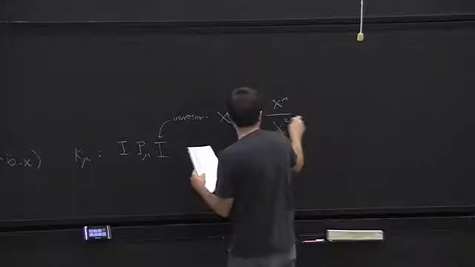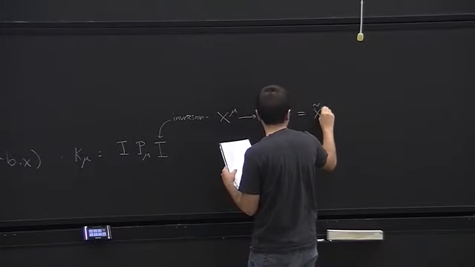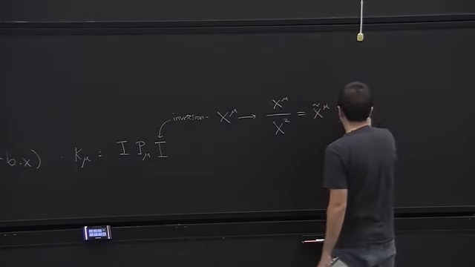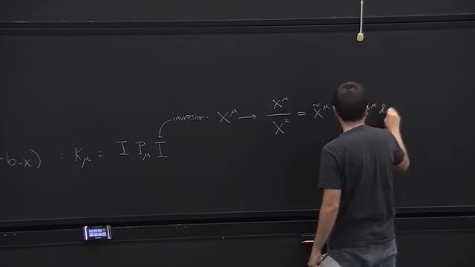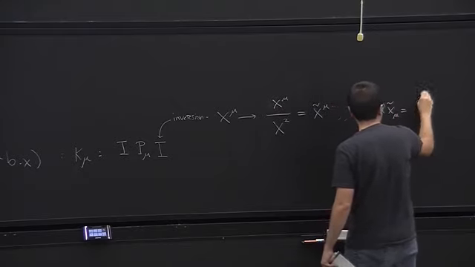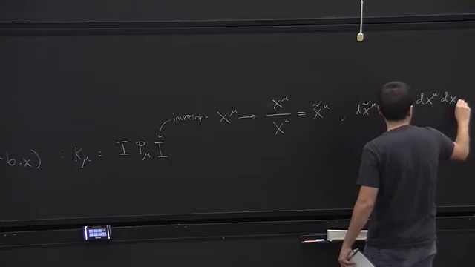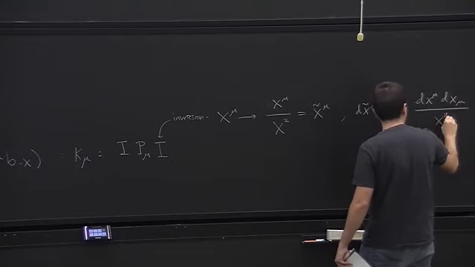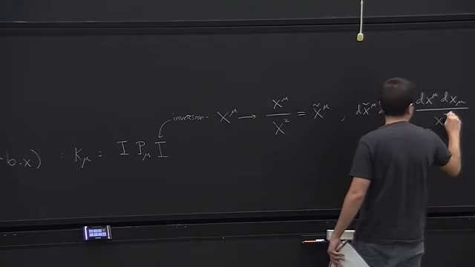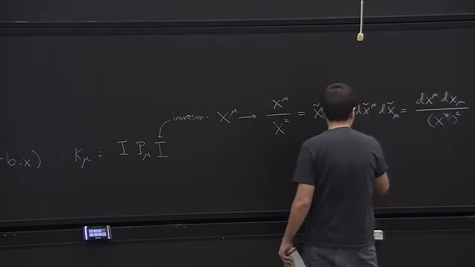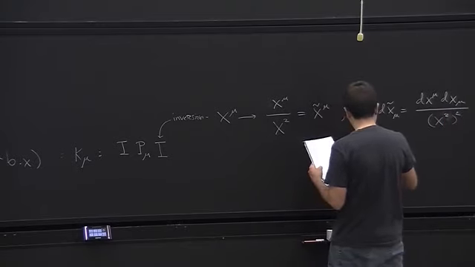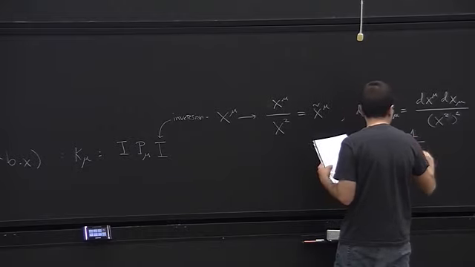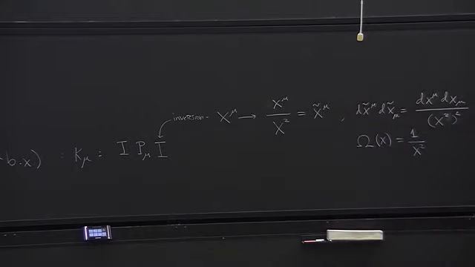Under an inversion, it's easy to see, if this is your x tilde mu, that dx tilde mu dx tilde mu is equal to dx mu dx mu over x to the 4. So your omega of x is just 1 over x squared. So it's a dilatation, but locally it acts like a dilatation where this is the weight.